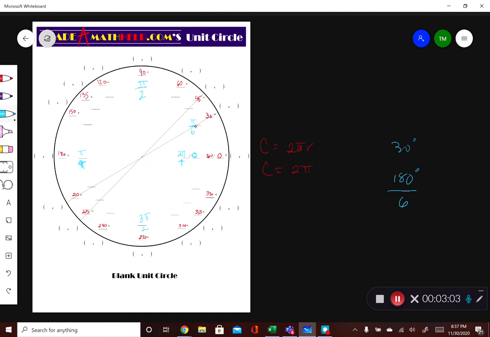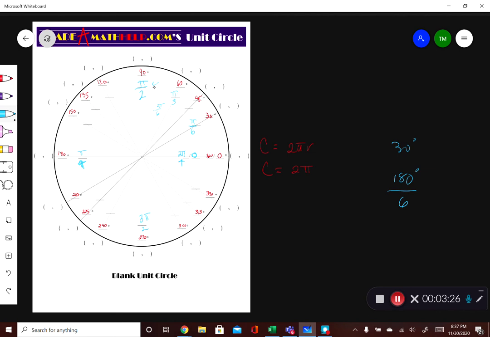So the first one is pi over 6, but if we go twice that, then we're going to be at the 60 degrees, and this would be 2 pi over 6, which reduces to pi over 3. And so then if we triple it, we're at 3 pi over 6, which reduces to pi over 2.